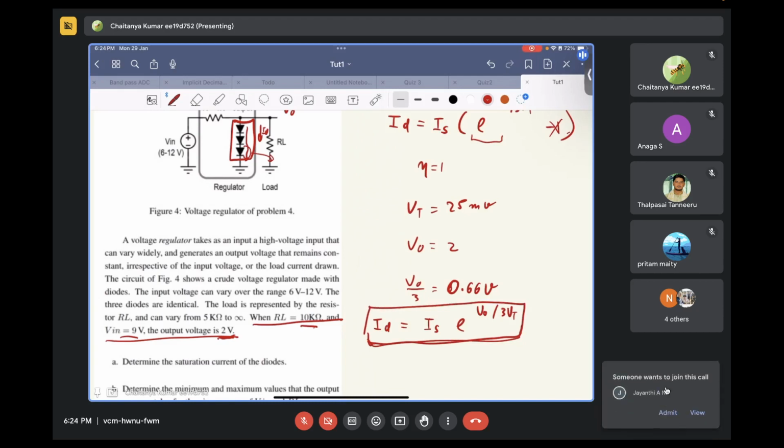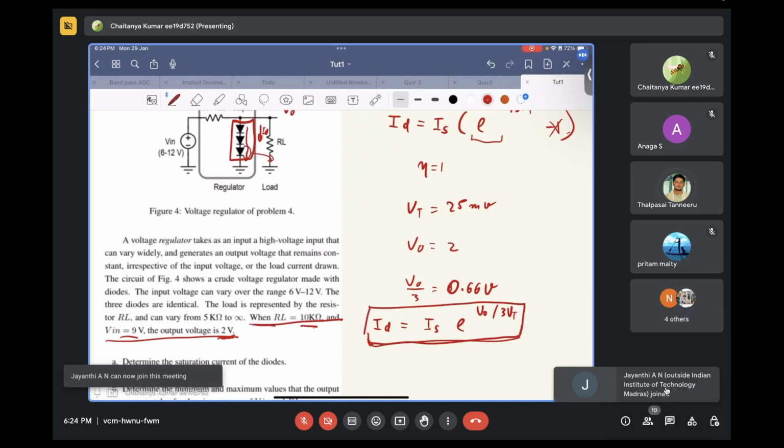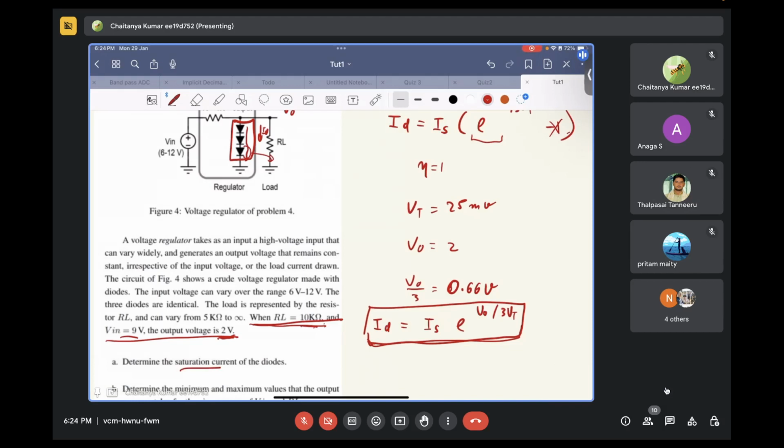You need to find the saturation current of the diodes. All these conditions are given to you. What can you infer and plug into this equation to get your saturation current? Sir, we need to plug in the ID value and the V out value, to find the IS value.